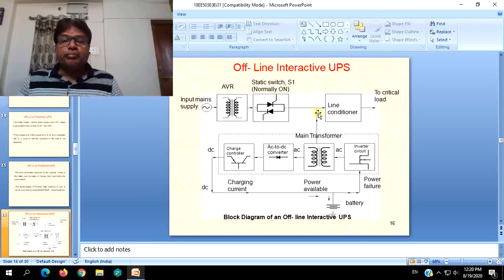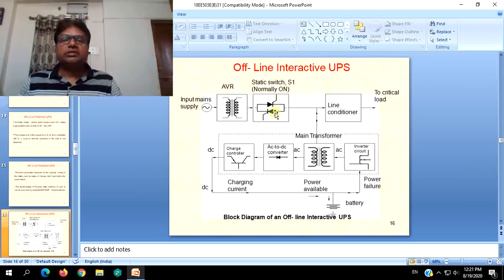Just consider this total block as the inverter and charge controller unit. Unlike the previous case, the input to the inverter unit is fed after the automatic voltage regulator or transformer and the static switch 1 only.